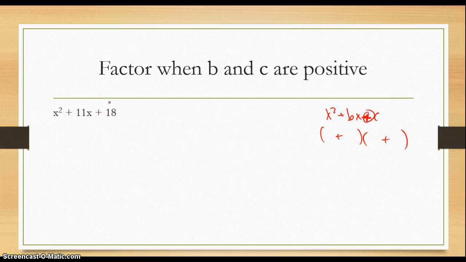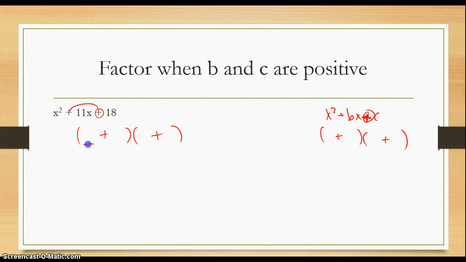So we have x squared plus 11x plus 18. So we start to think about what could be inside our parentheses. So the first thing is this. Well, I see that c is a plus. So I'm going to follow the sign that's in front in both of my parentheses. So I have plus plus.